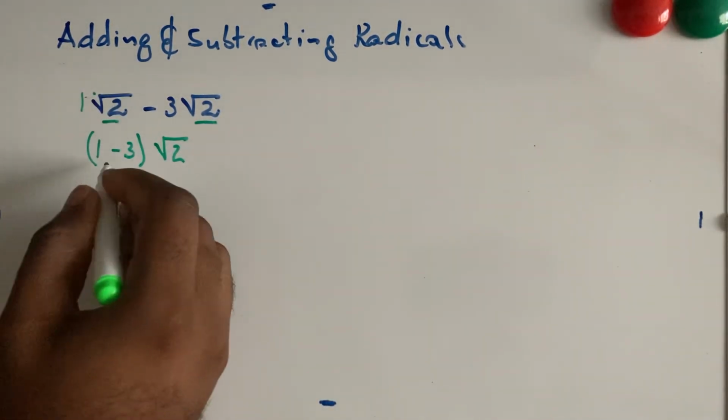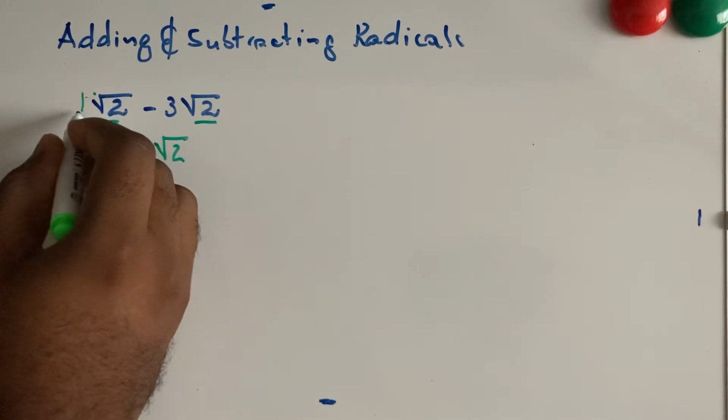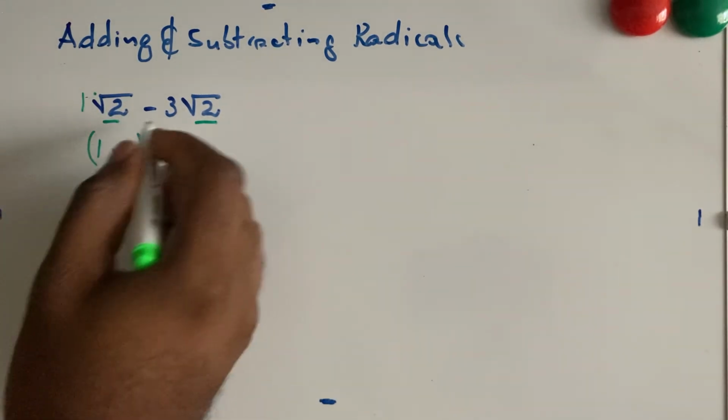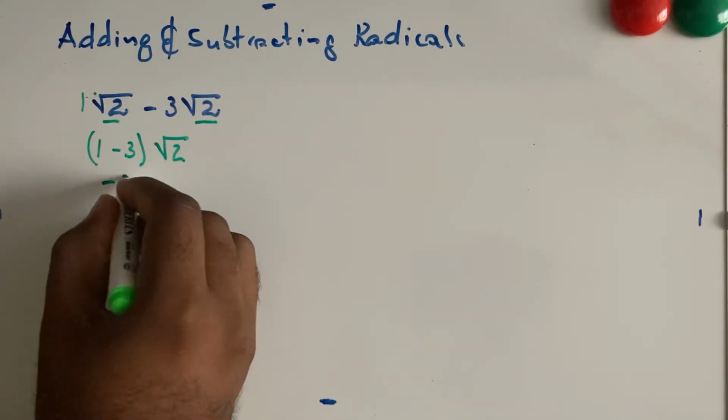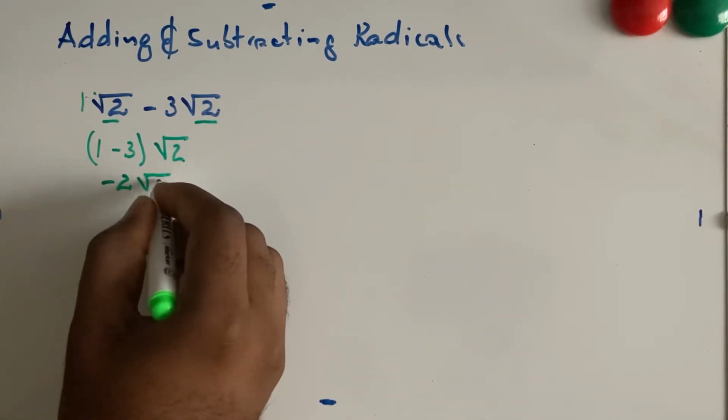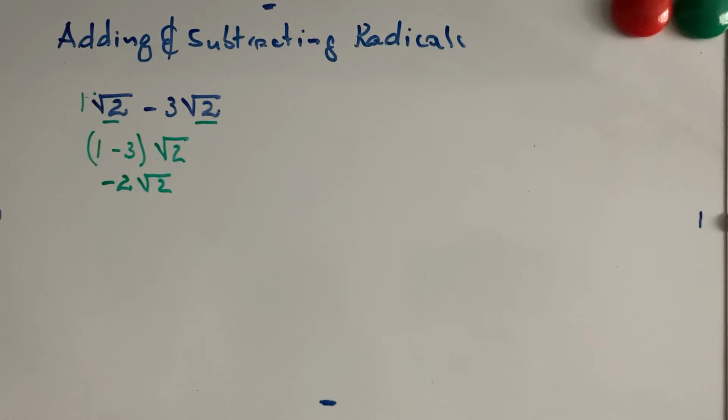So I can combine the 1 and the 3 here, which will give me negative 2 square root of 2. That's it. Very simple when you have actual like radicals.